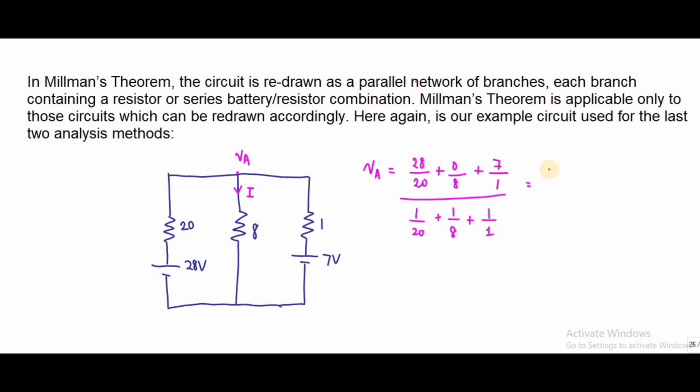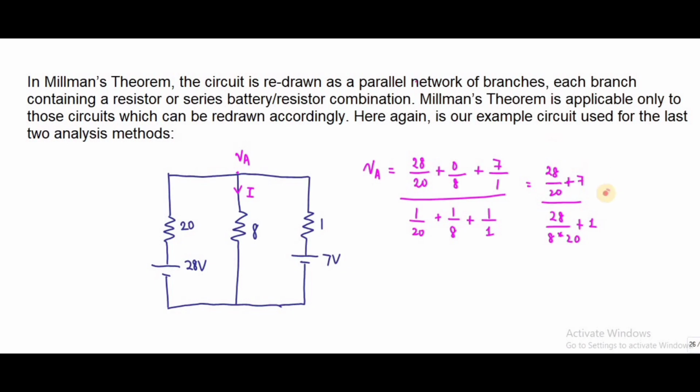So if I solve, I will get 28 divided by 20 plus 7, divided by 1 divided by 20 plus 1 divided by 8 plus 1. 28 divided by 20 plus 7 is 8.4.